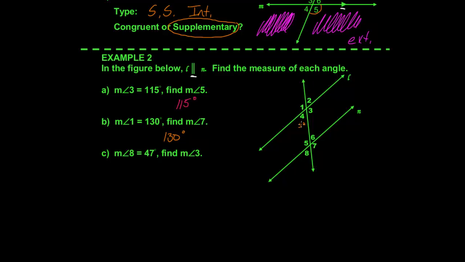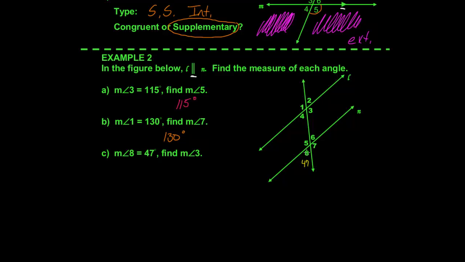And let's lastly look at this one right here. The measure of angle 8 tells us 8 is 47 degrees in this instance. We can go through and put all of these together if we need to find the measure of angle 3.